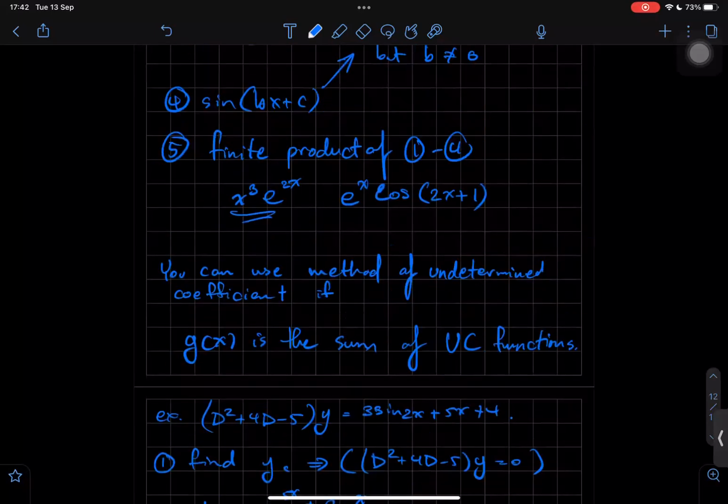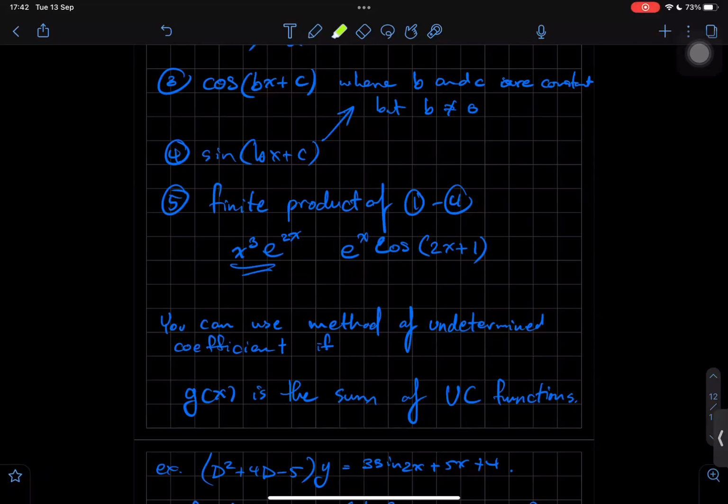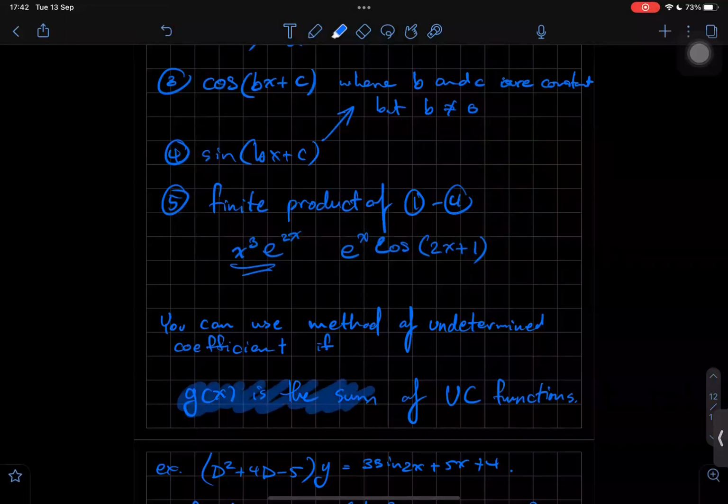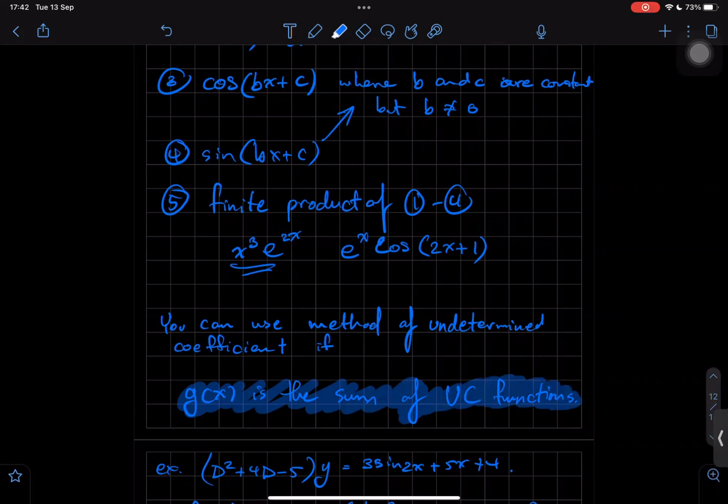So what is important is that g(x) has to be the sum of UC functions for you to use this method. If it's not, then you cannot use this method.